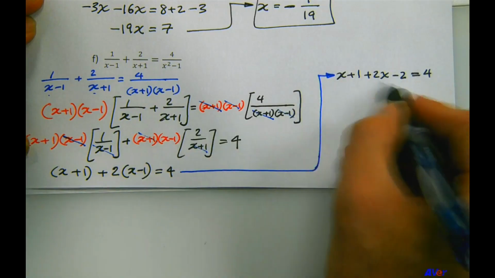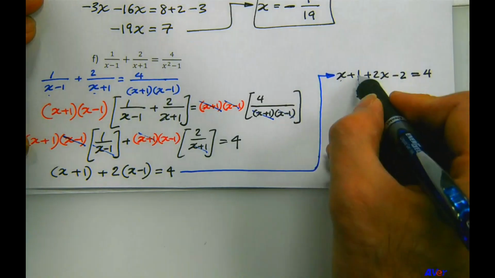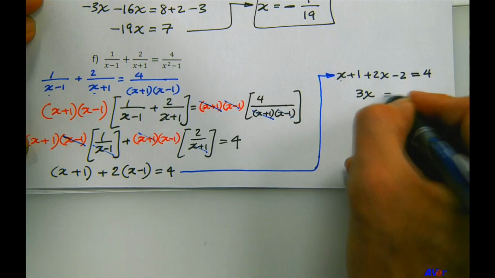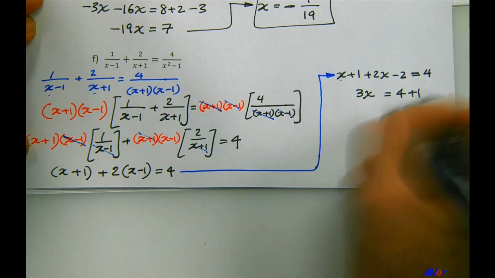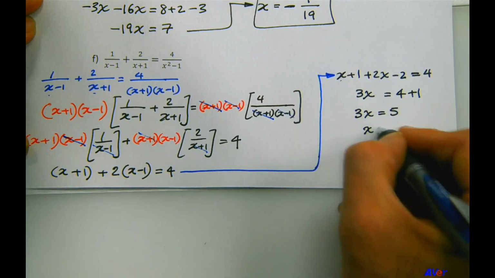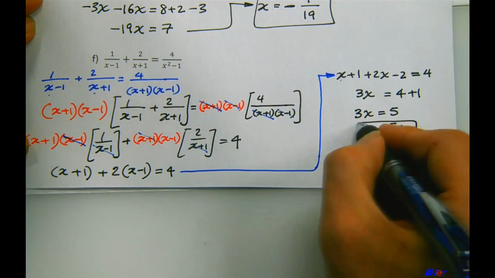Right? Now 2x plus x is 3x. 1 minus 2 is minus 1. Move it to the other side, it will be positive 1. So 3x equals 5, x equals 5/3. And there we have it.